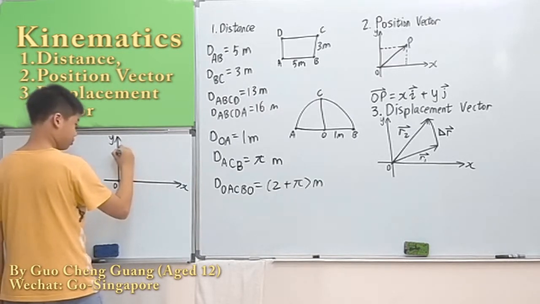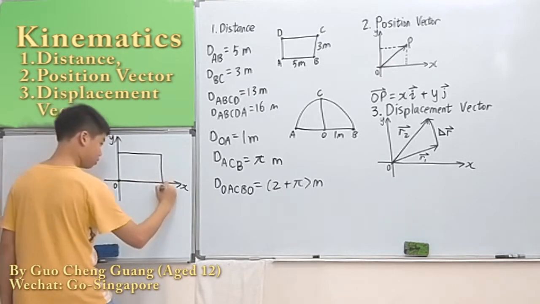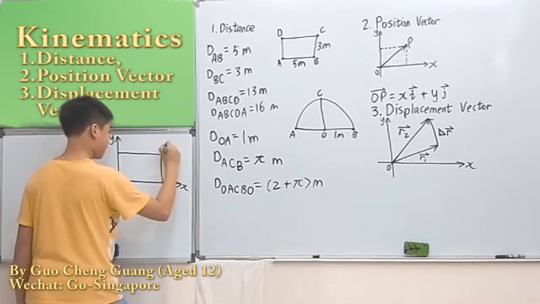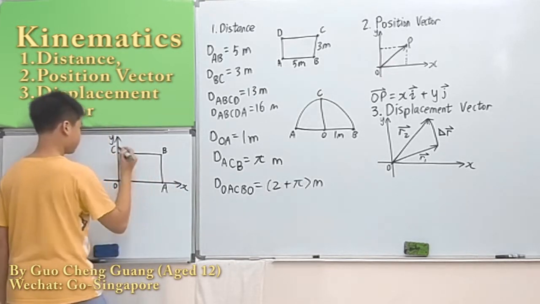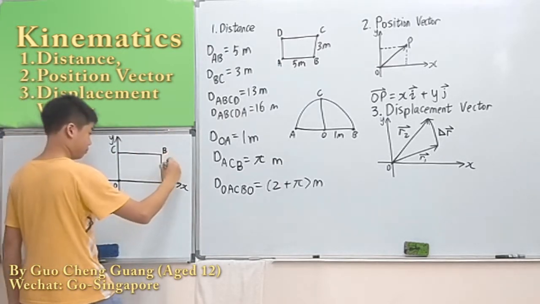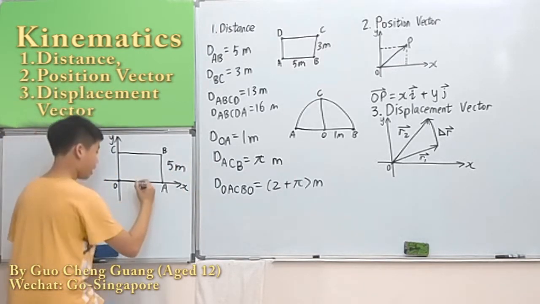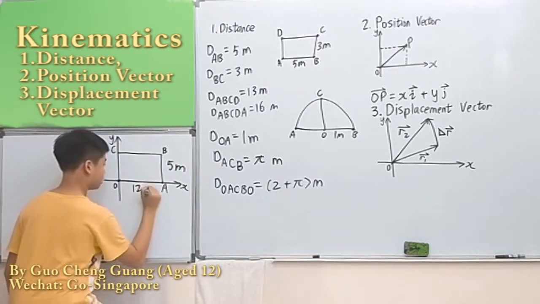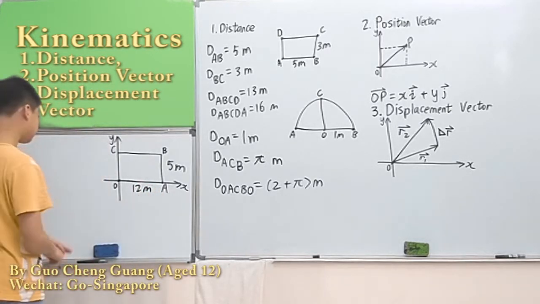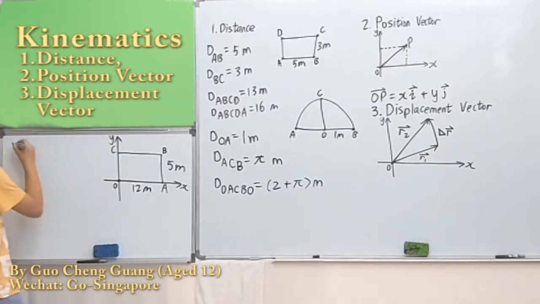You can name these different parts A, B, C. So they might give this A, B. You can give this unit 5 meters and this part below 12 meters. Then they can ask from O to A.